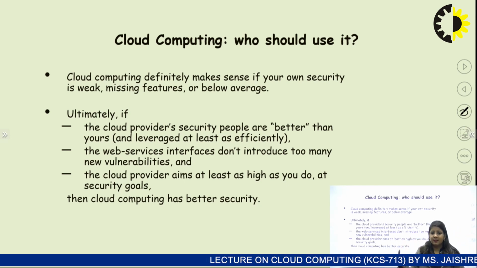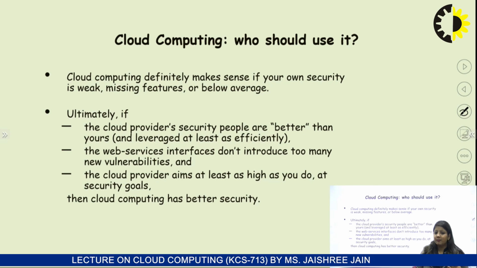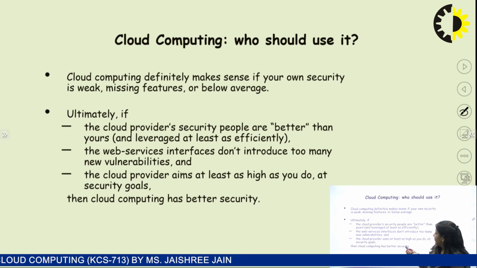It means there are basically two types of users. Cloud provider side users, who are the internal employees of the organization, and the second are outside users, who take the service over the public cloud. So how can we say the cloud provider's security people are better than yours? The web services interfaces don't introduce too many new vulnerabilities.